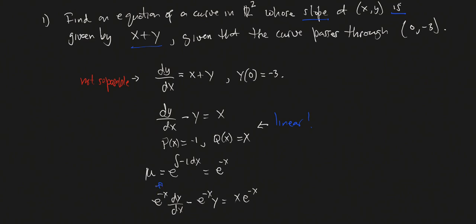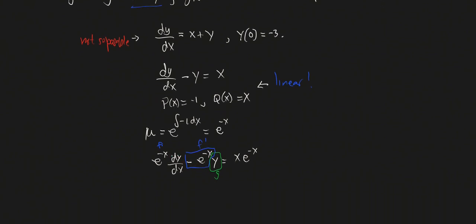If my f is e to the -x, then negative e to the -x is my f prime. And if the y is my g, then dy dx is g prime. So I can see the pattern for my product rule on the left.